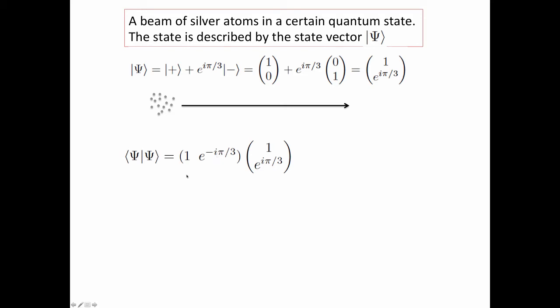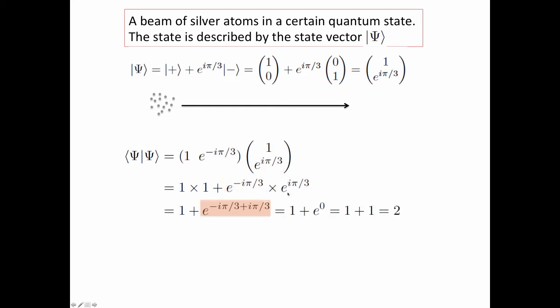Then the inner product is just the row vector times the column vector. To calculate that, we take the first element of the row times the first element of the column, that's 1 times 1, and add it to the second element of the row times the second element of the column. So that's e to the minus i pi over 3 times e to the i pi over 3.